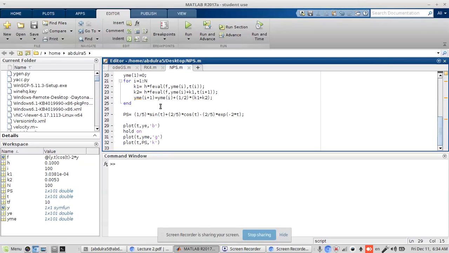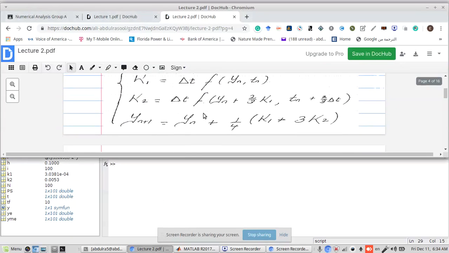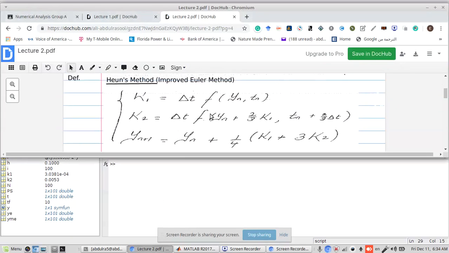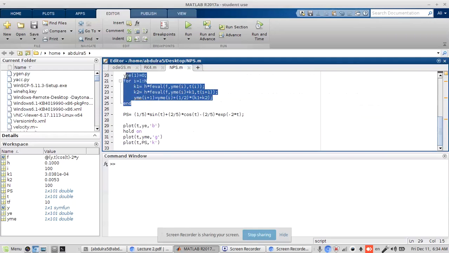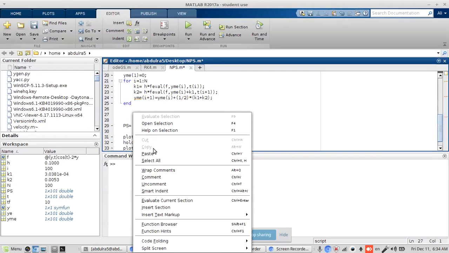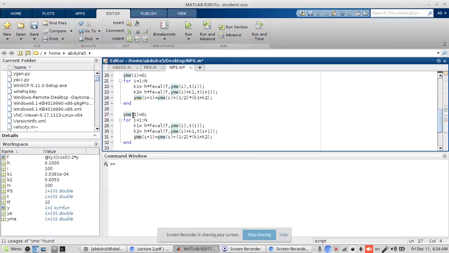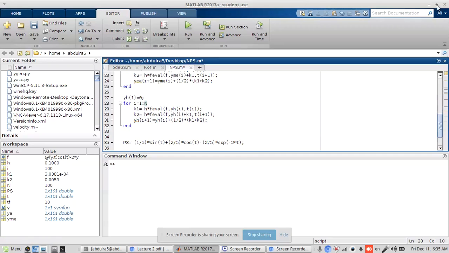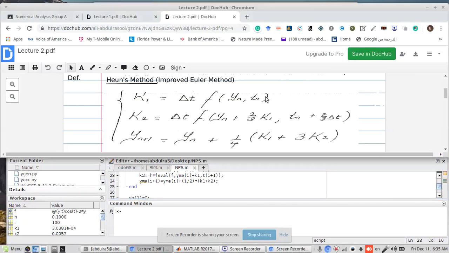So let's repeat this also for another form, the improved Euler method. All right. Let's do it together. Let's copy and paste here, improved Euler, for the units H. Let's see what we should change.